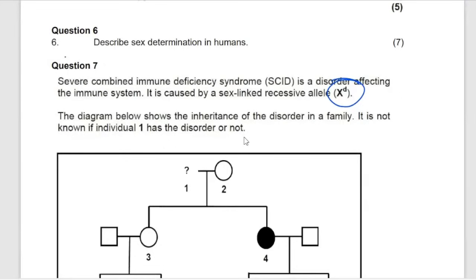Because if it is caused by a recessive allele, the one who is homozygous recessive is the one who is going to be affected. If it is caused by a dominant allele, the one who is homozygous recessive is going to be normal. Let me show you using this.